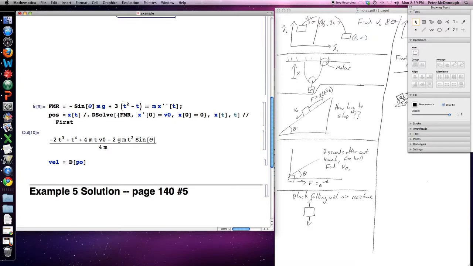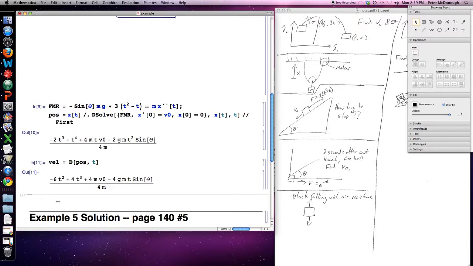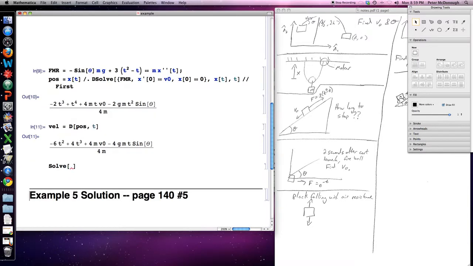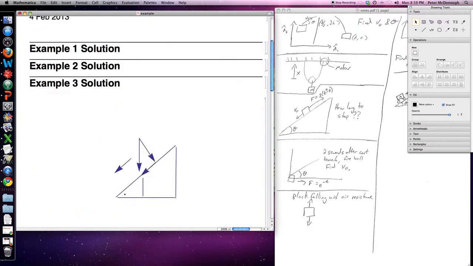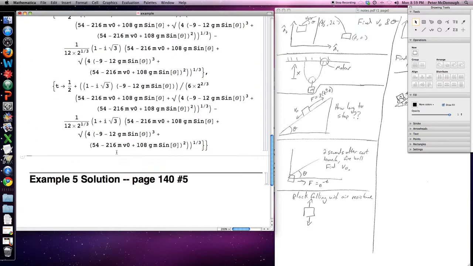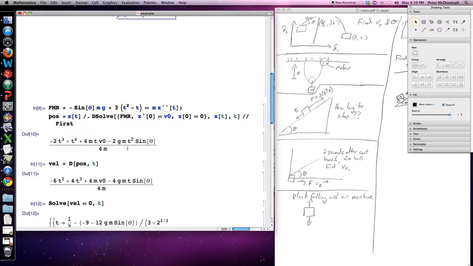So the derivative of the position is given as that, and now we'll solve for when the velocity is equal to 0. So Solve vel equals 0, comma t, and holy smokes, that's a complex answer. I'm glad we didn't have to solve that by hand.